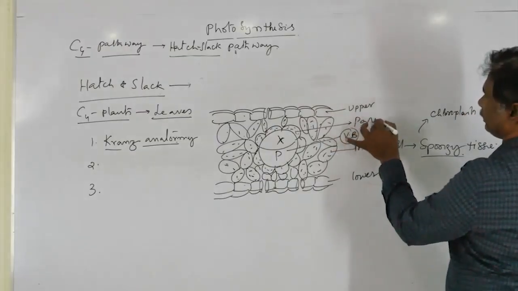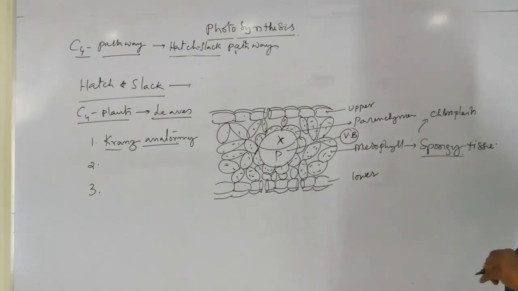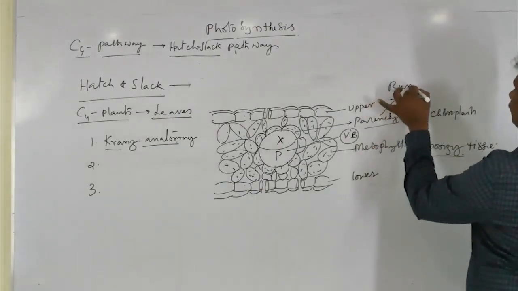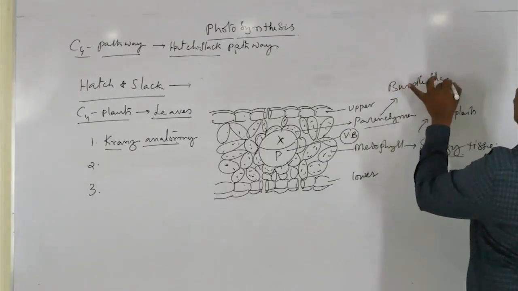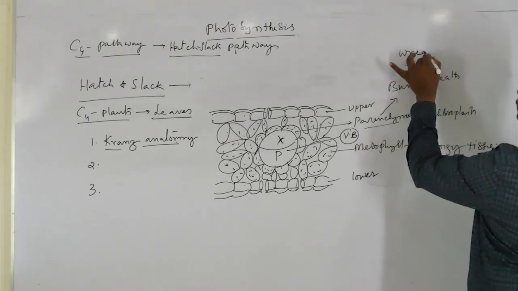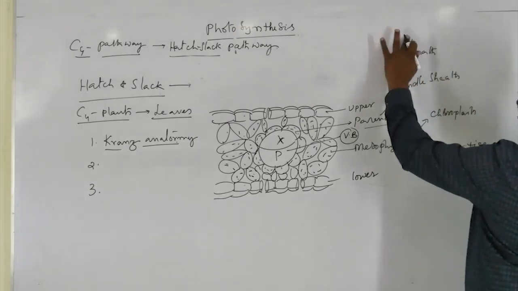a parenchymatous bundle sheath. The vascular bundle is covered with a parenchymatous bundle sheath, which looks like a wreath. Wreath means a ring-like structure.